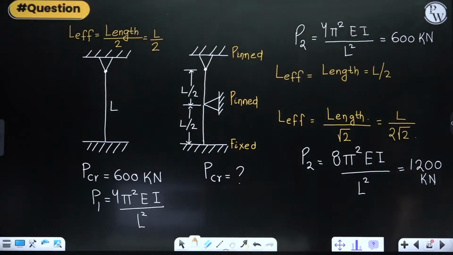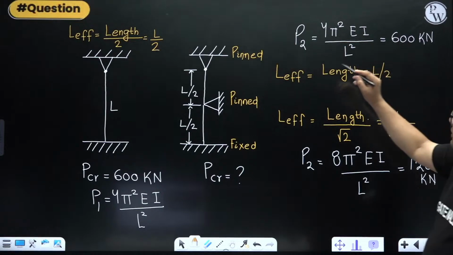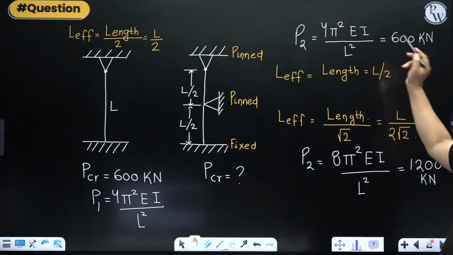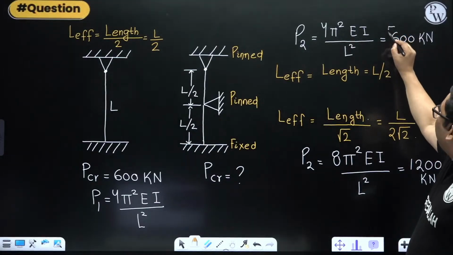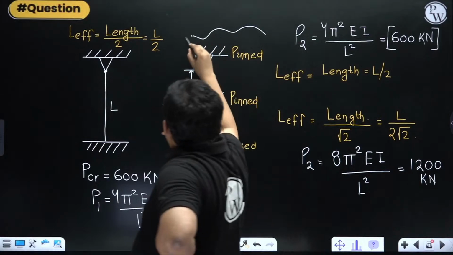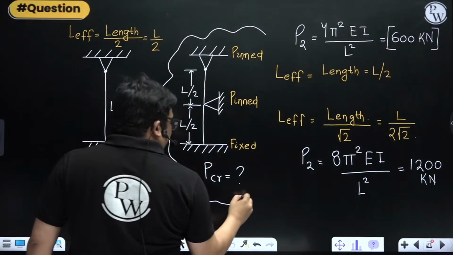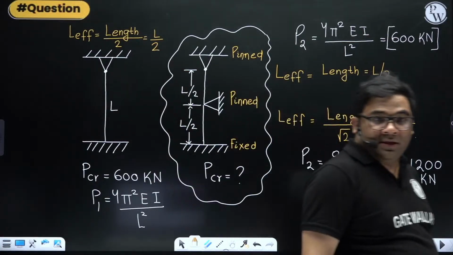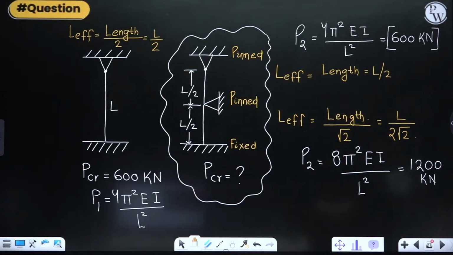Yes or no? So now, which one will fail actually out of these two easily? This one will fail now because it's having less buckling load. So this becomes the buckling load of this entire thing. Because if one fails, it fails.